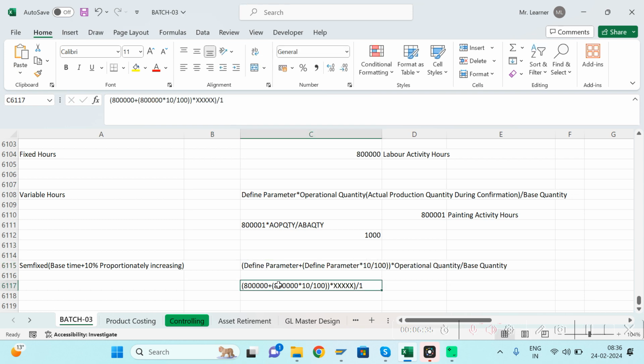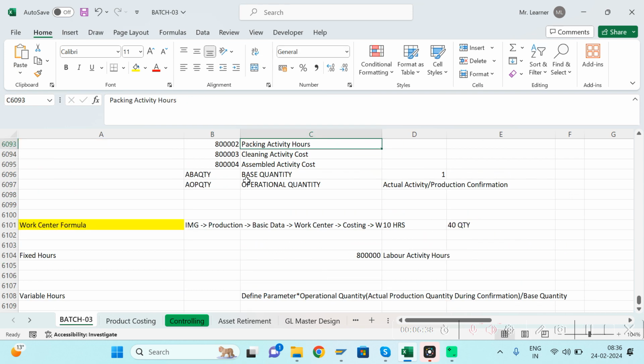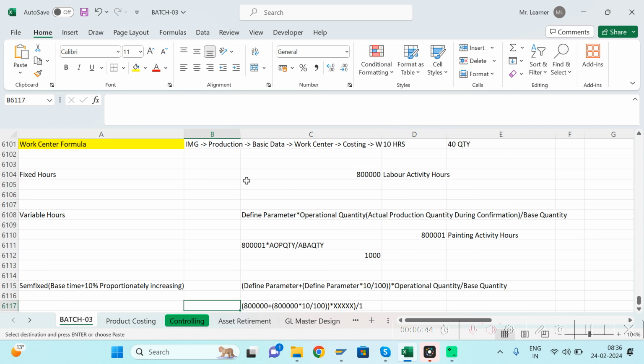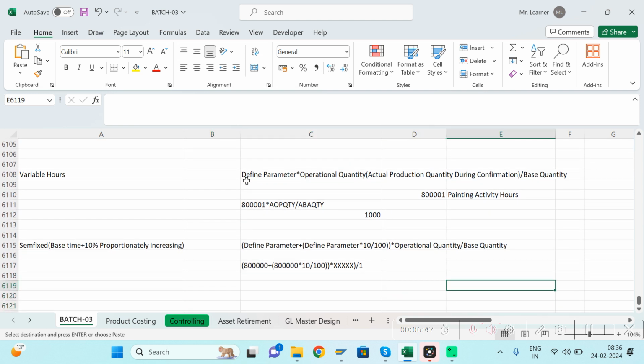Now assume out of this, my packing is of a semi variable nature. So how will it calculate?